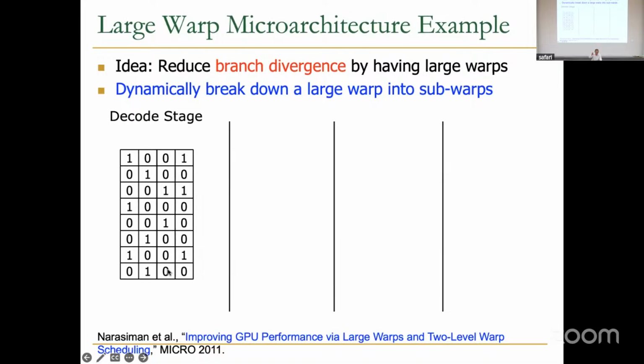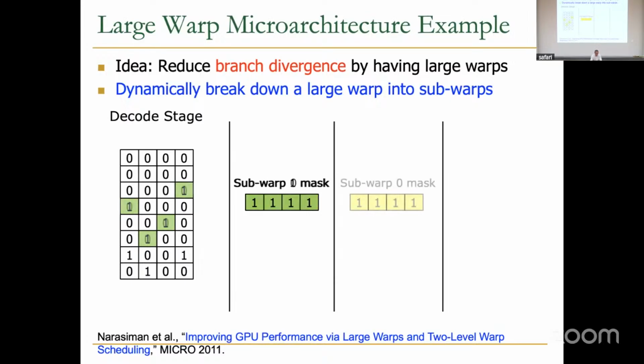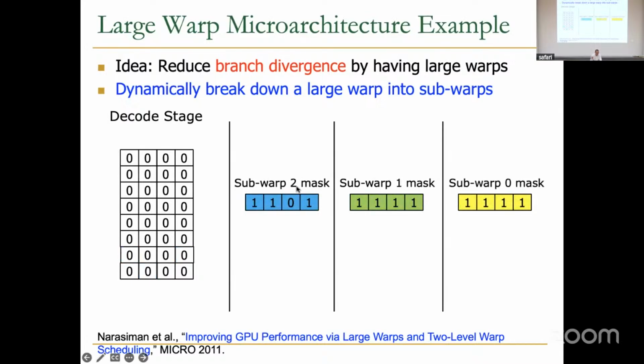If you have this picture nicely, what you can do is you can basically figure out from these smaller warps which threads are active, and then form a warp that is actually mostly utilized. And you can again figure out which threads are active over here and form a warp that's mostly utilized, and then figure out what threads are active and then form a warp that's mostly utilized. So this is actually very similar to what I described earlier, but a different way of implementing it.